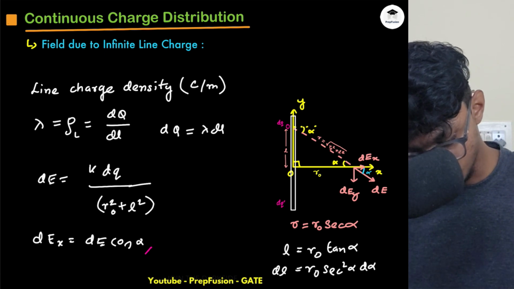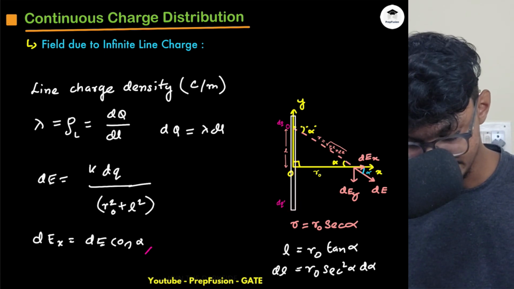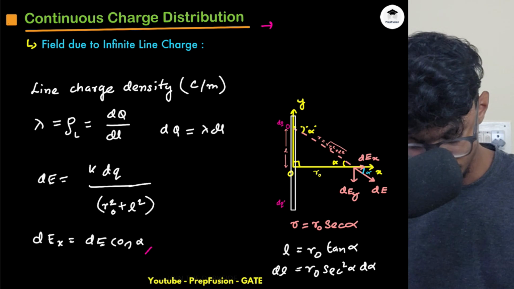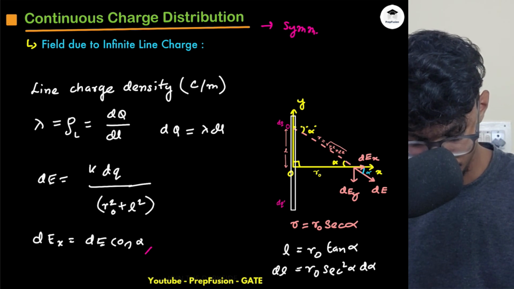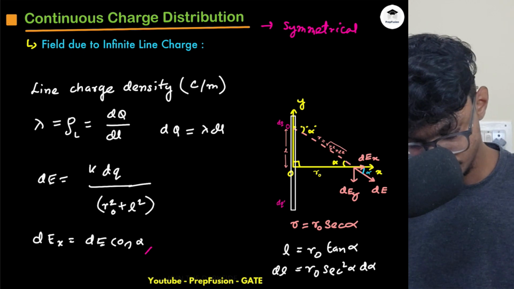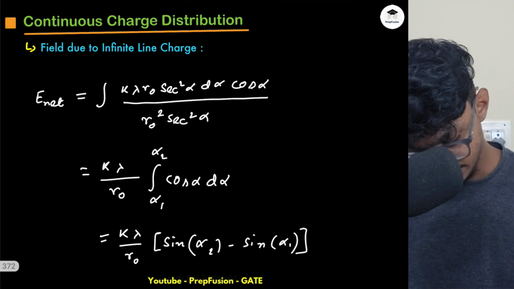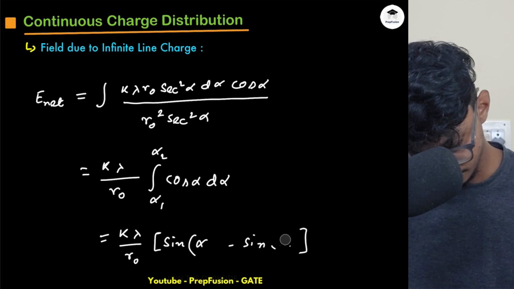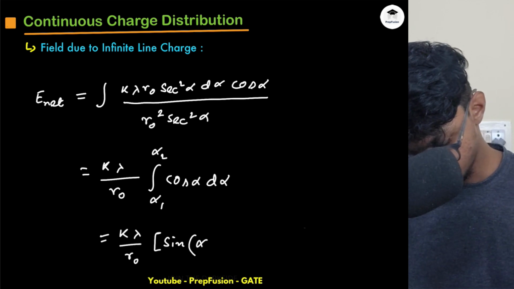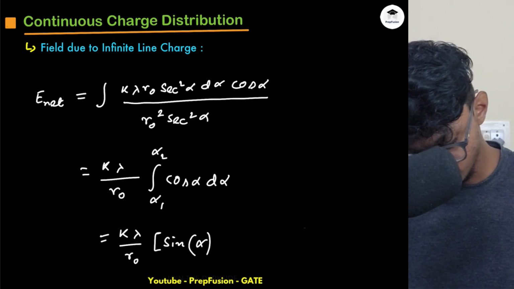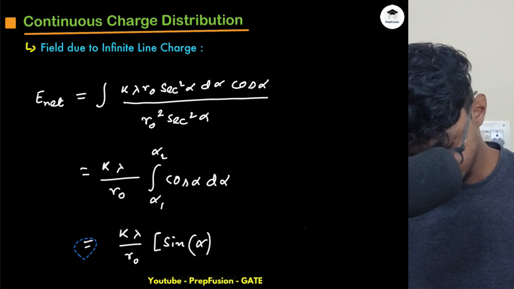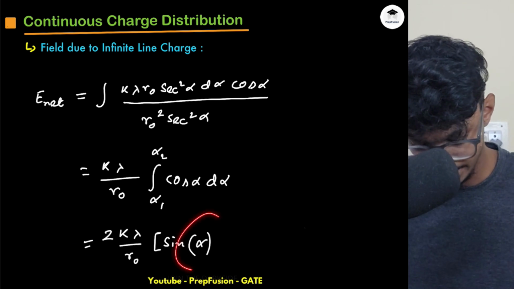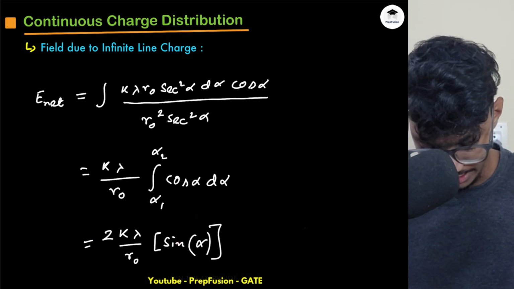So in the bottom also the same distance, top also the same distance, so it will be symmetrical. So this will become actually 2 sine alpha. Basically all the components will get cancelled, and if alpha is 90, obviously it will be for an infinite line charge.